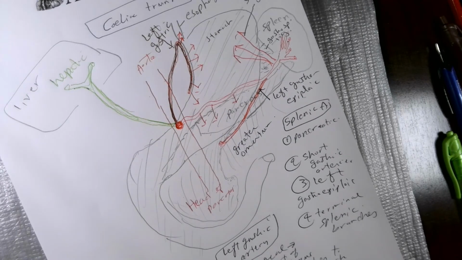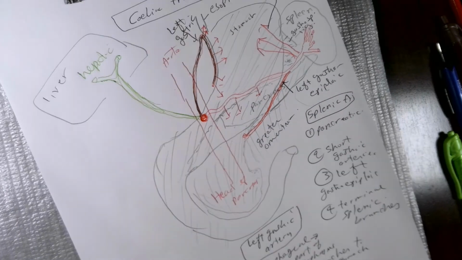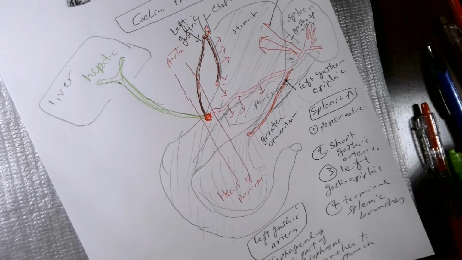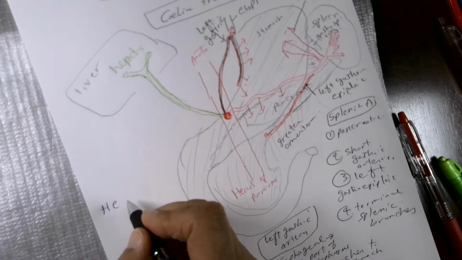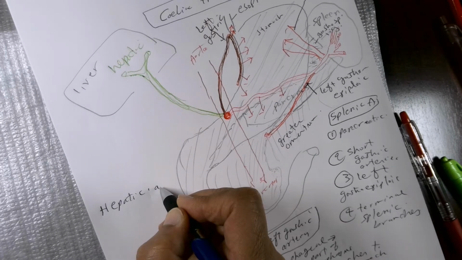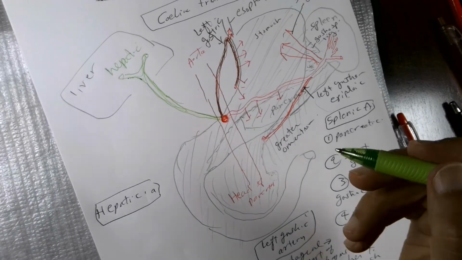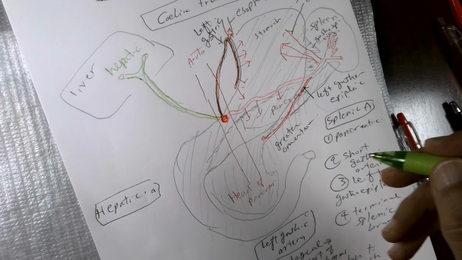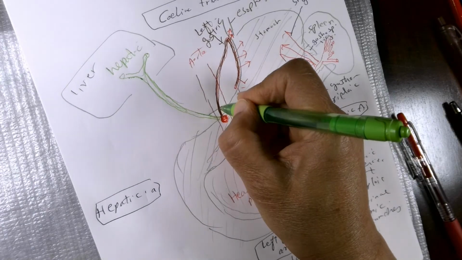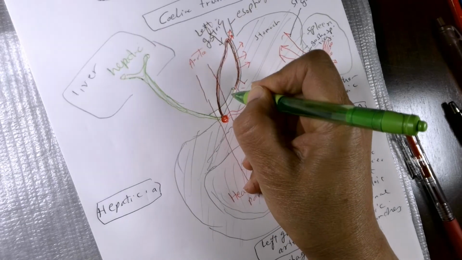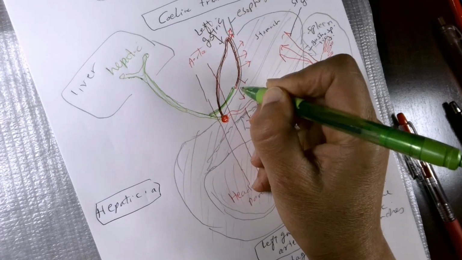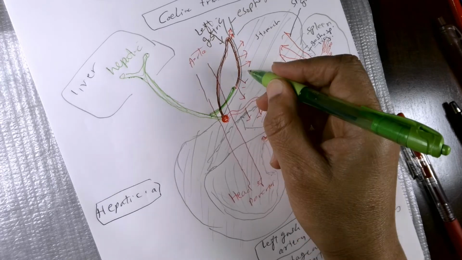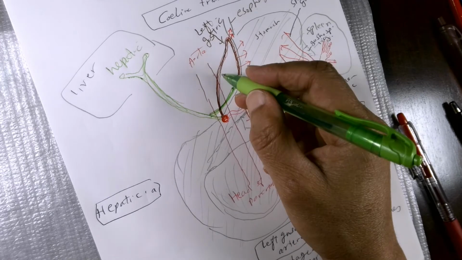Let us go to the third one, which is hepatic. Here is the hepatic. We're going to talk about the hepatic artery. What are the branches from hepatic? Hepatic will send this branch, called the right gastric, and it anastomoses with the left one. So this is the right gastric artery, along the lesser curvature, in the lesser omentum.